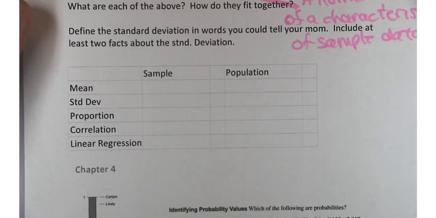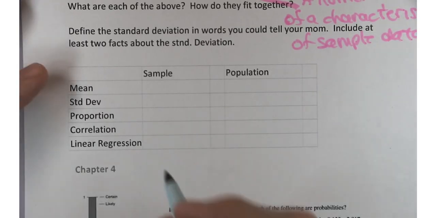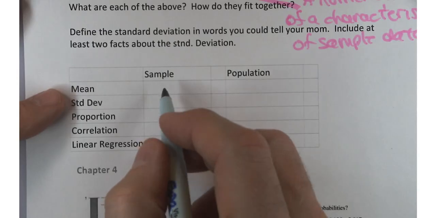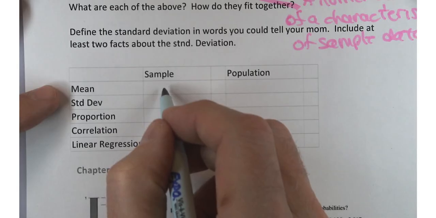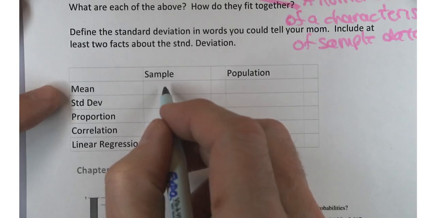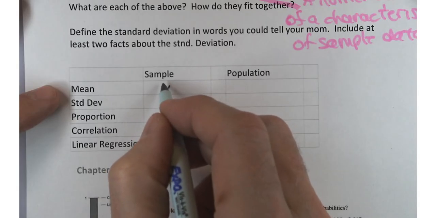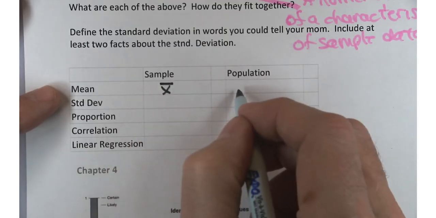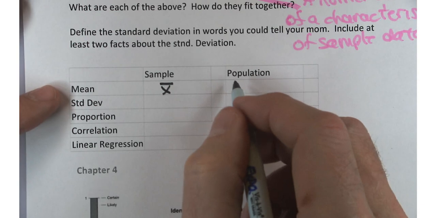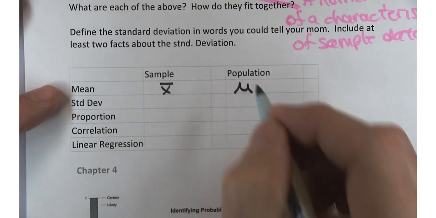All right. Joy, let me start with you, please. What's our notation for the sample mean? Bridget, some help? X bar. And then the population mean? Mu. All right.